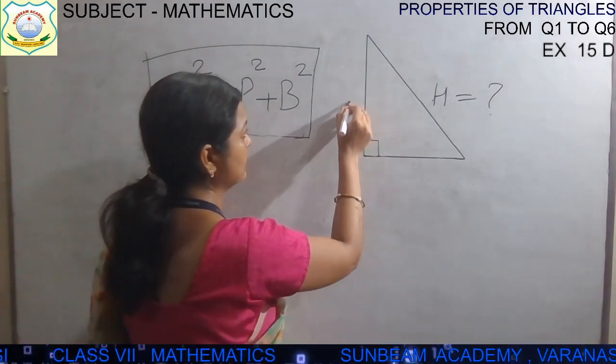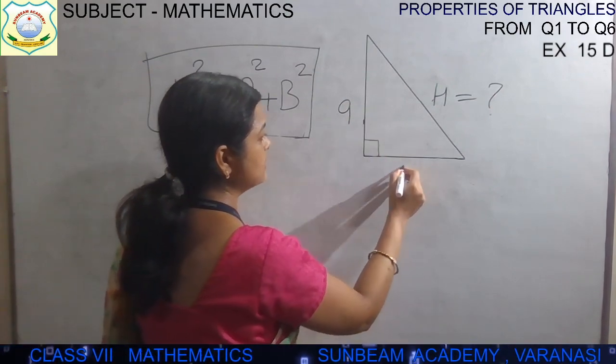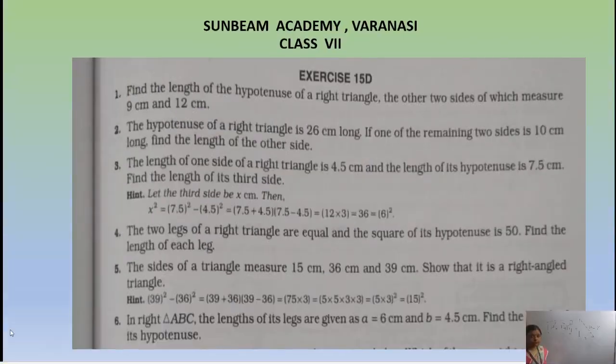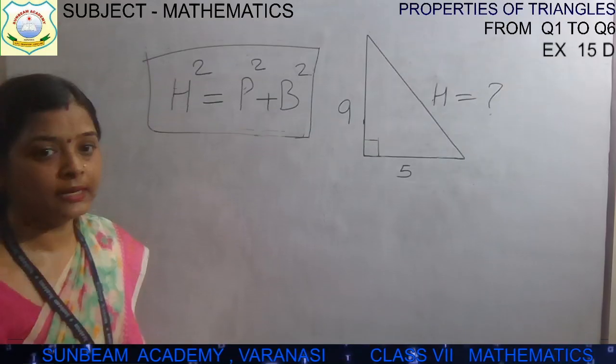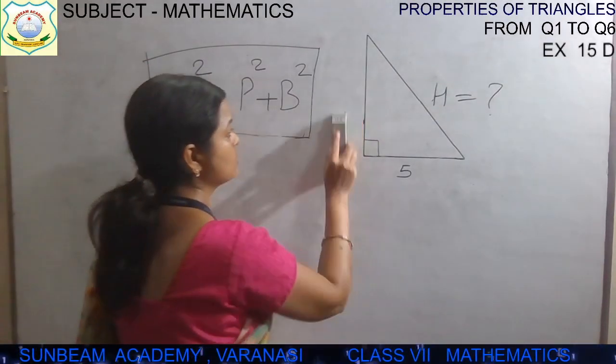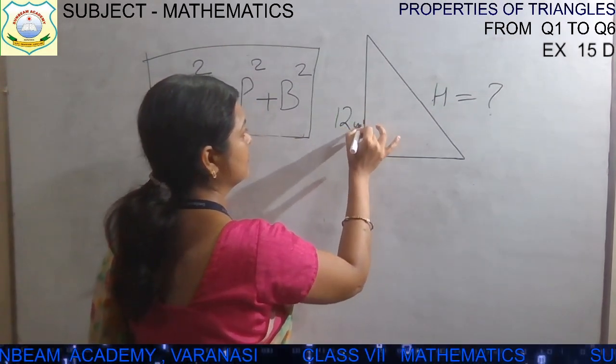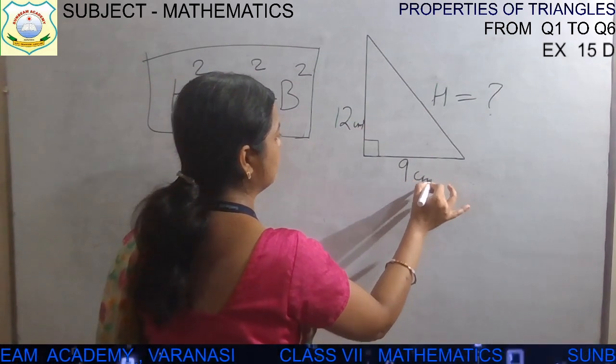One is 9 centimeter and another one is 5 centimeter, I think. Let me check it from the question. No, 12 and 9. Children, it is 12 and 9. So I am changing it. One is 12 centimeter and another one is 9 centimeter.